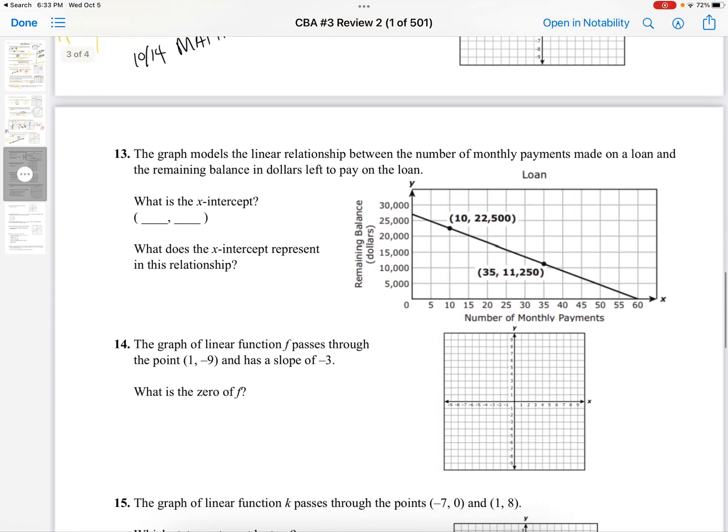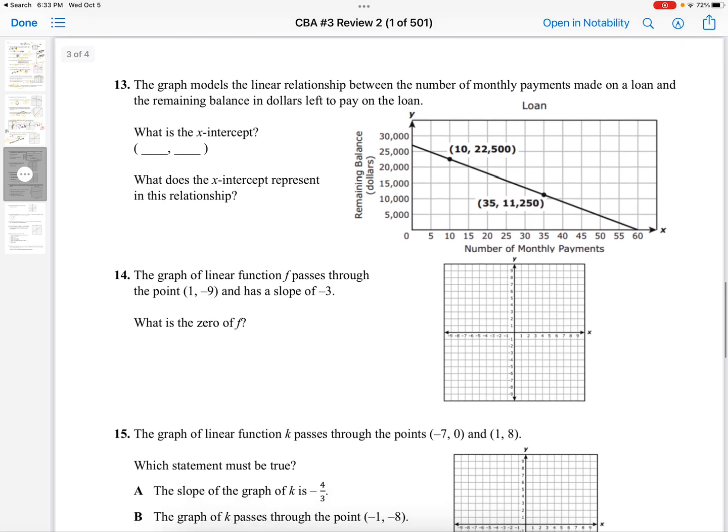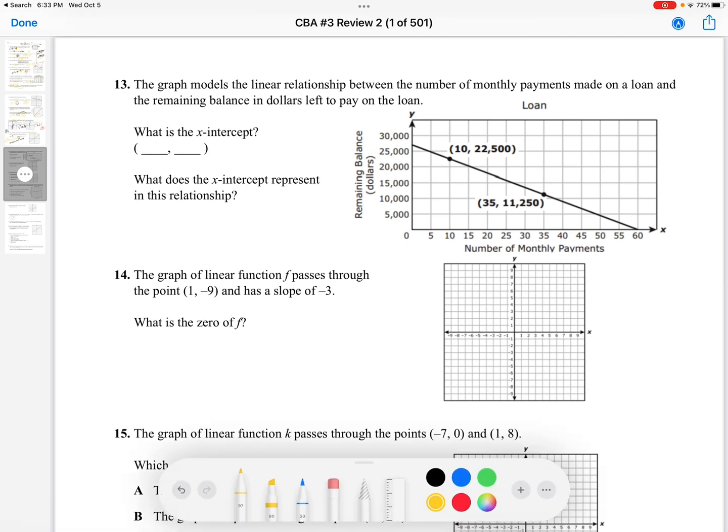We're over halfway done. 13 says a lot, right? Tells you about the problem. But then it says, what is the X-intercept? X-intercept, we look on the X-axis, and notice how the graph crosses right here at 60.